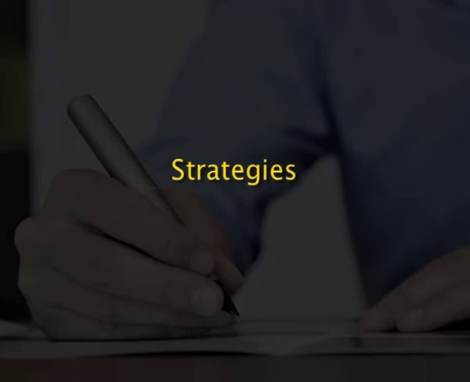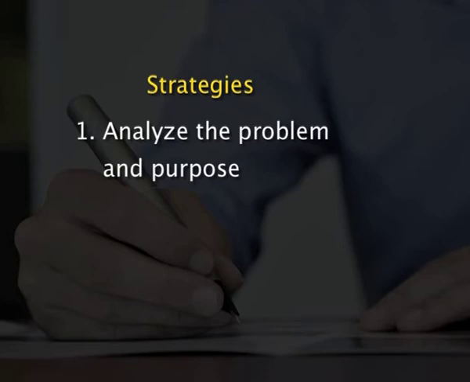What are those strategies? Let us discuss. The first one, analyze the problem and purpose. You need to think why this problem has occurred and why you should write this report, how this report can help you to find a solution for the problem.